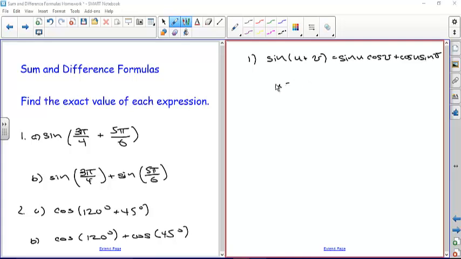So that's off the formula sheet. In our case, u is 3 pi over 4 and v is 5 pi over 6. If we do u plus v, well, actually we can't find that off the unit circle. That's one reason we're doing this.